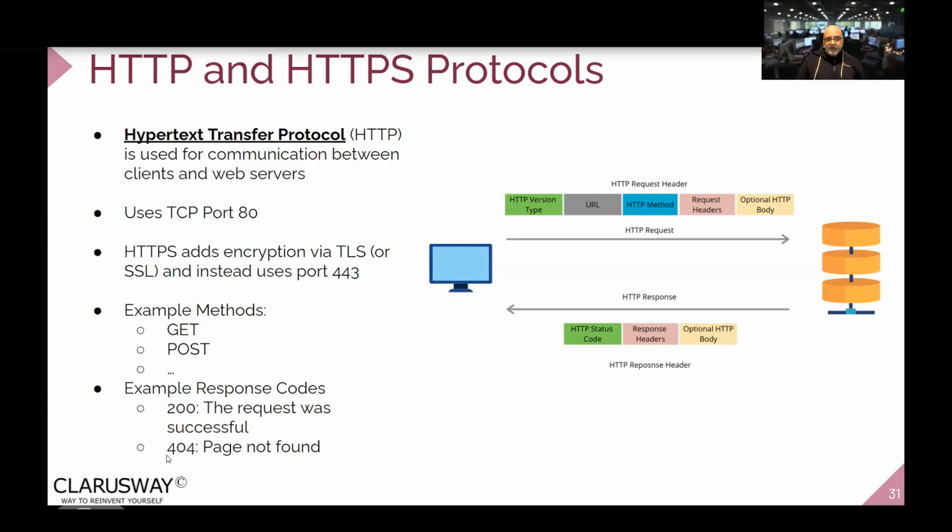And when the page you're looking for is not found, you get a 404, which I'm sure you've seen many times. Okay, and the difference between HTTP and HTTPS is that HTTP uses TCP on port 80, whereas HTTPS is using TCP on port 443. Okay, and I'm going to talk about TLS shortly, but it's essentially encrypting your connection.